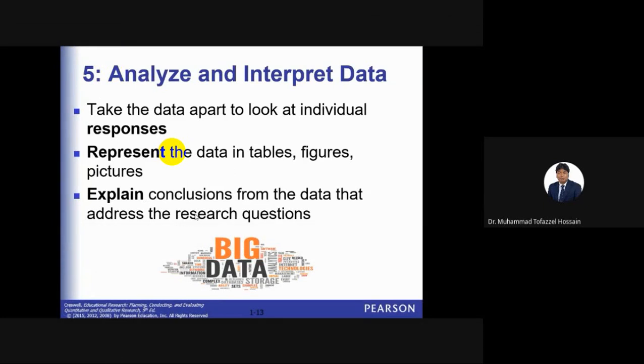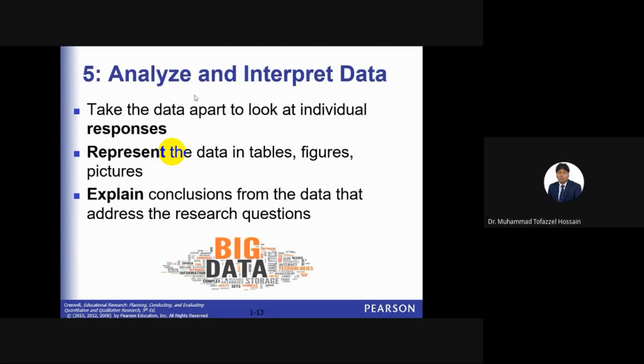so that your explanation or interpretation can answer the research questions. Got it? It means the data will give a response to your research questions, and you have to present the data in the way that is more convenient for the readers.